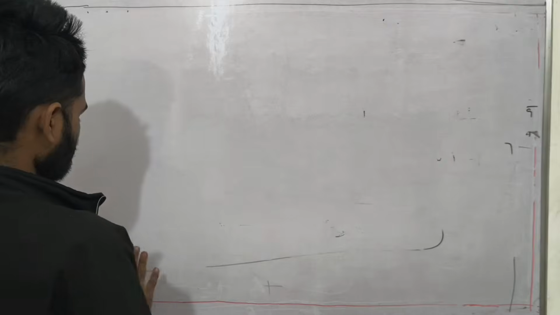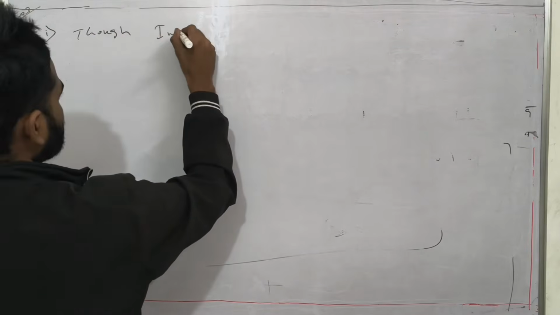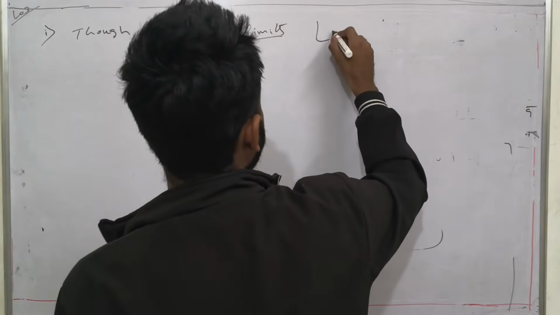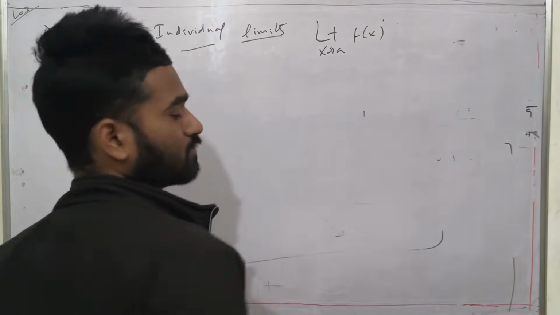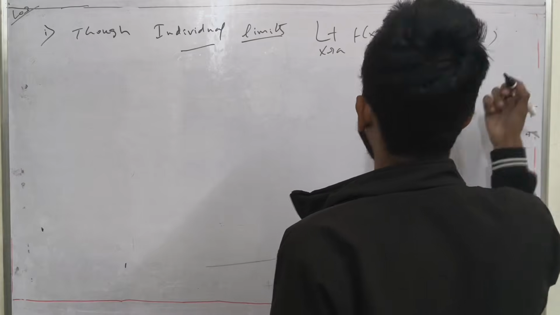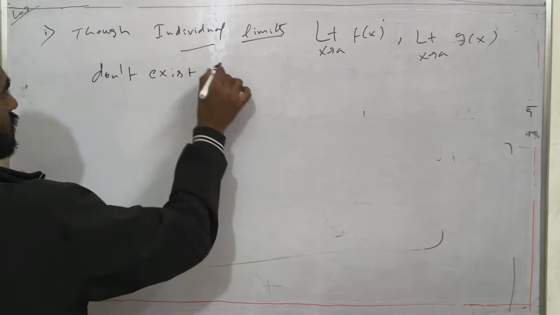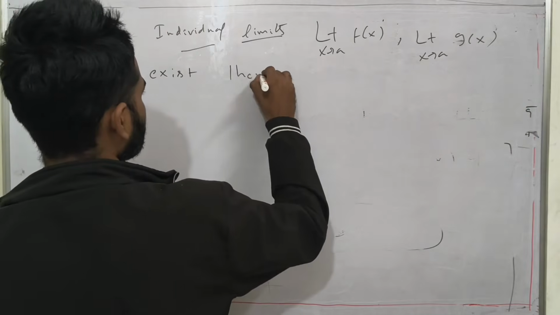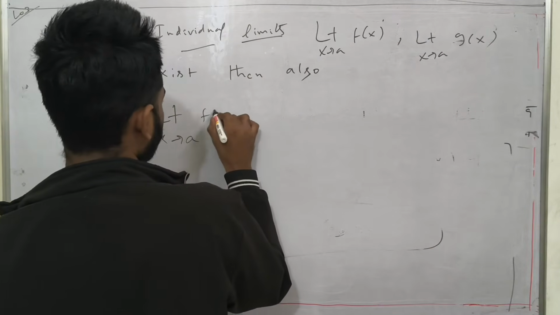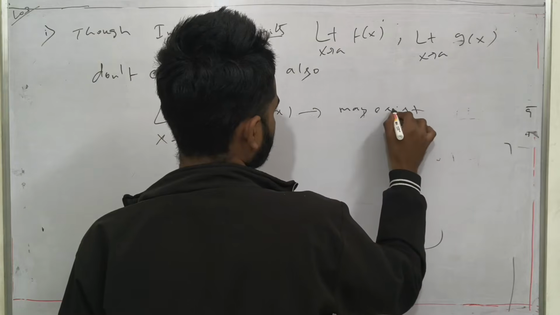Here I said that though individual limits, limit x tends to a of f of x, comma limit x tends to a of g of x, either of these limits doesn't exist, then also limit x tends to a of f of x plus g of x may exist. We saw this from the above formula.